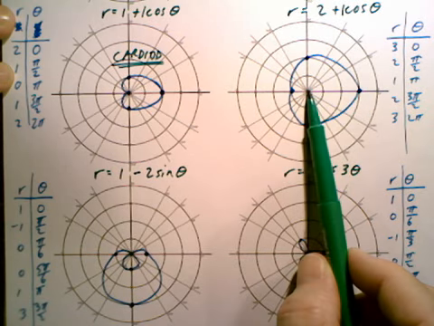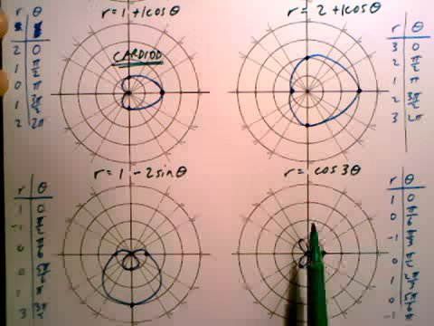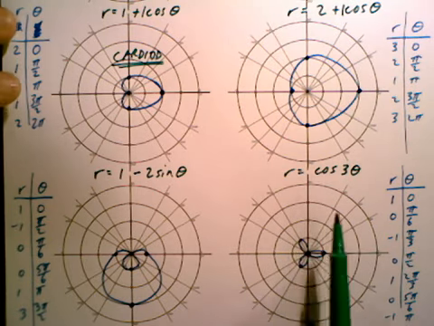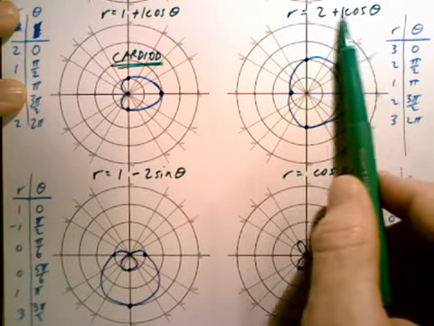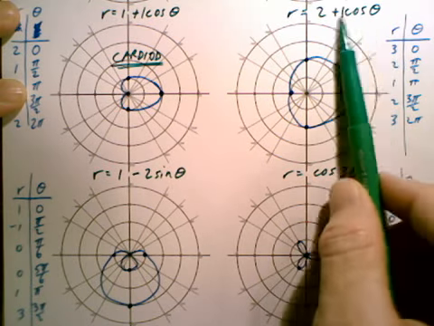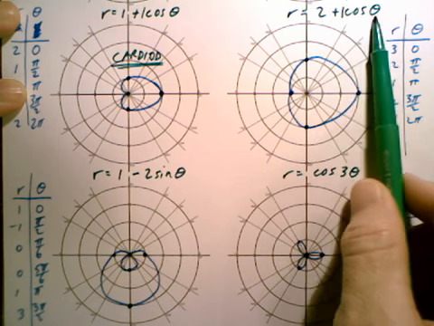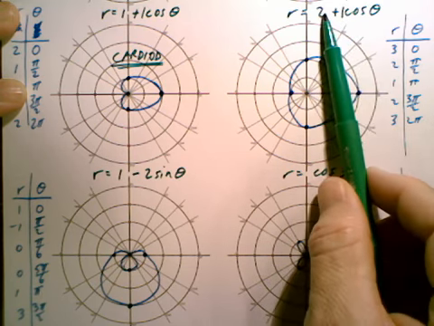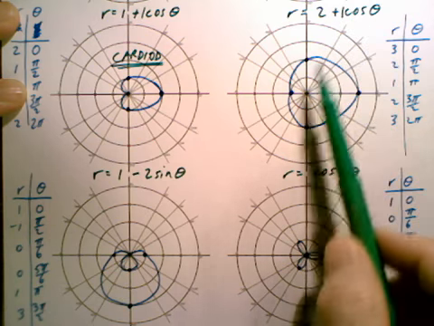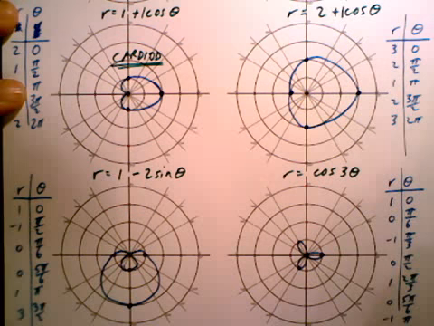It doesn't come back to the pole. It can't get back there. And then, if you think about it, r can never be 0 because cosine of theta can never be -2. At the smallest, it'd be -1. So r is 1 when cosine is -1, and that's pi, and we saw that.